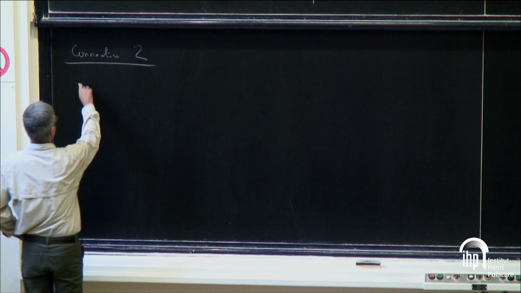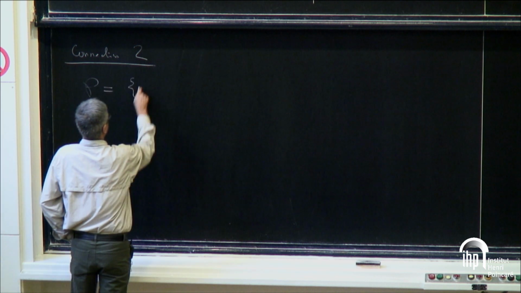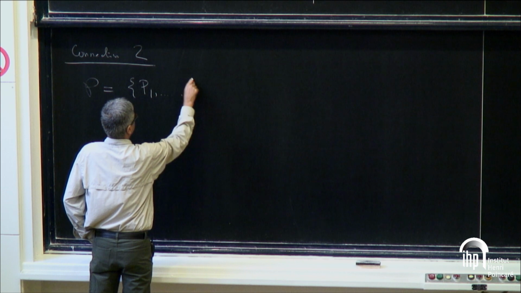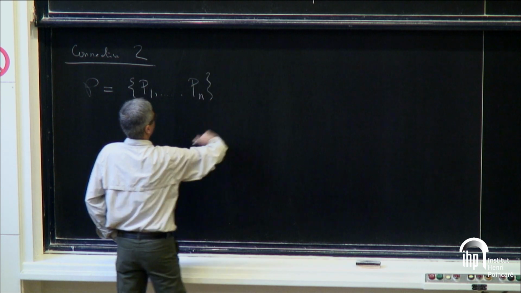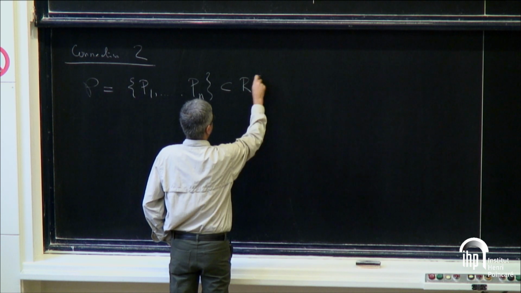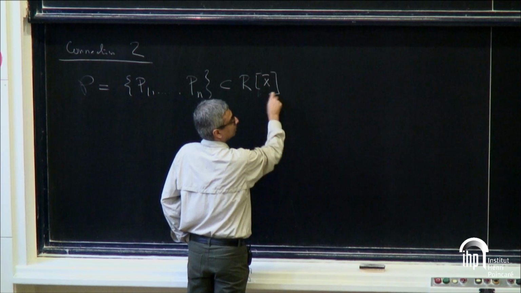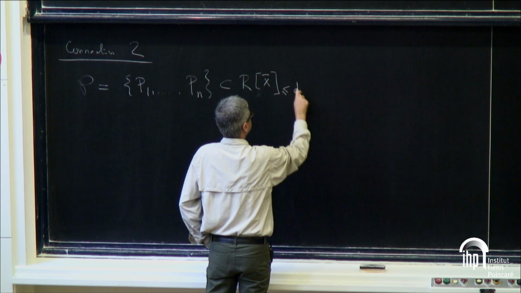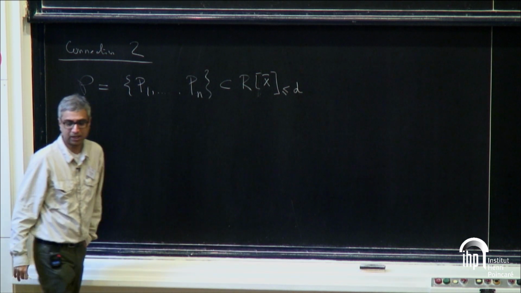So suppose you have many polynomials, real polynomials in k variables of degree at most d, and here I'm thinking of n as large.